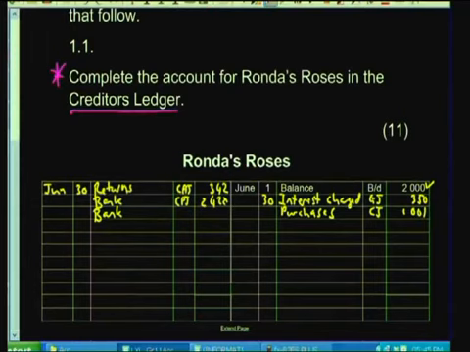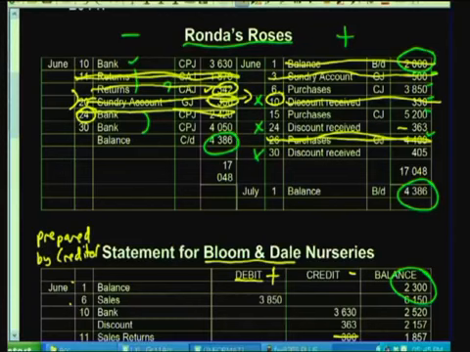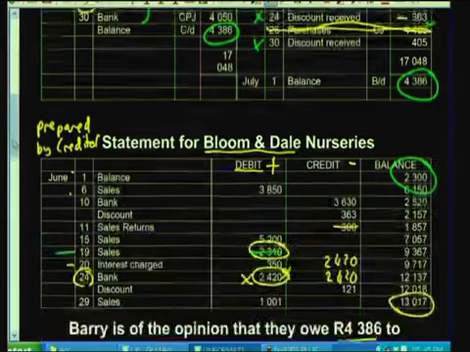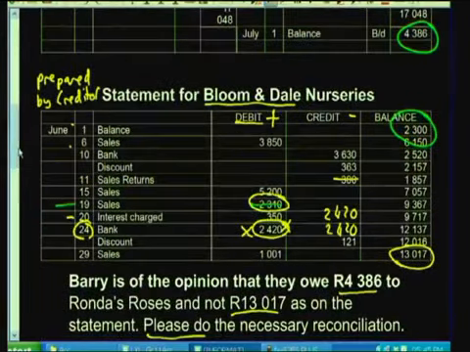You sometimes have to write small to fill it all in. CPJ 3,630. Let's have a look over here. There it is, 3,630. I'm going to cross it off. And at the same time, I'm just going to check to see that it does indeed appear on the statement. Here it is, 3,630. I can cross that amount off.